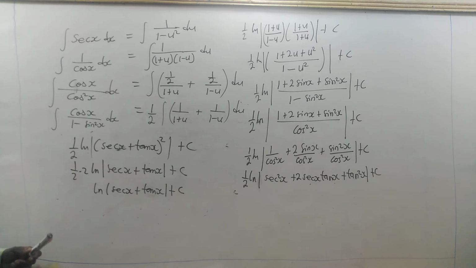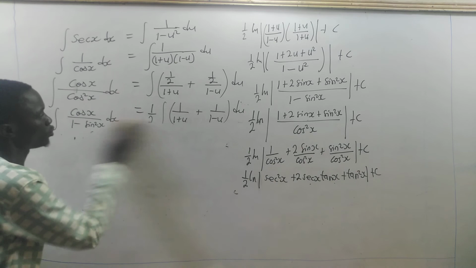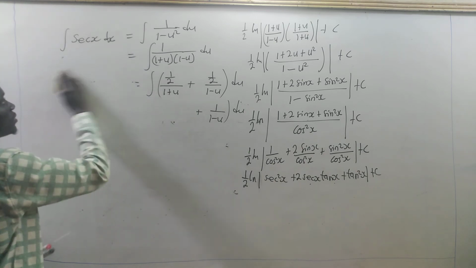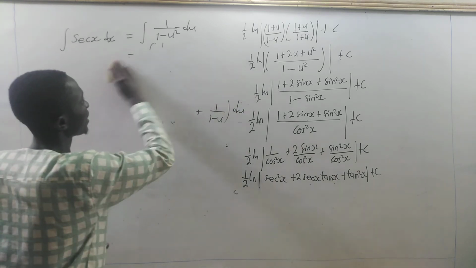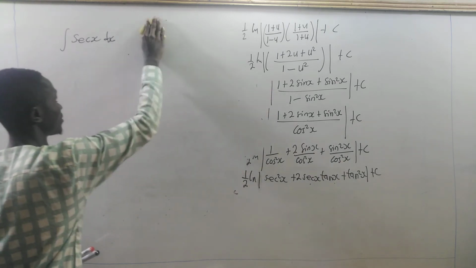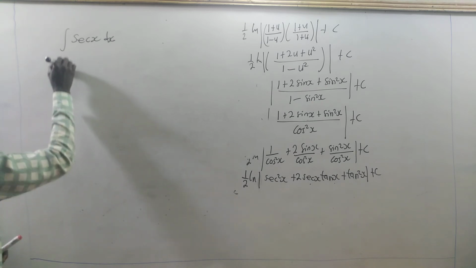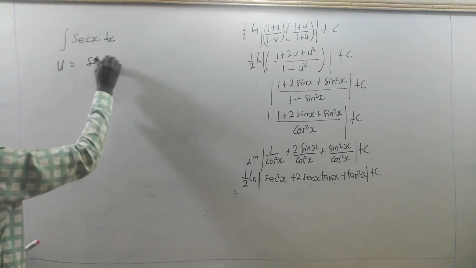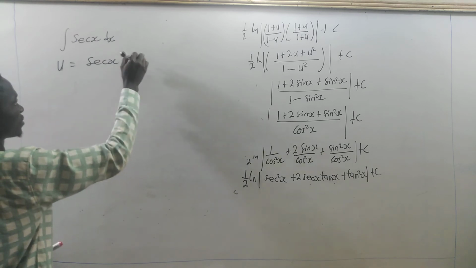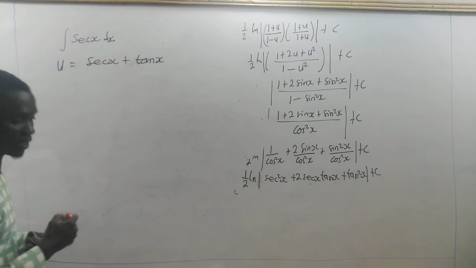Now, let me use the shortest method. Now, the shortest method will deal with the natural logarithm function. Now, let's say that u equal to secant x plus tangent x. This is the shortest way.